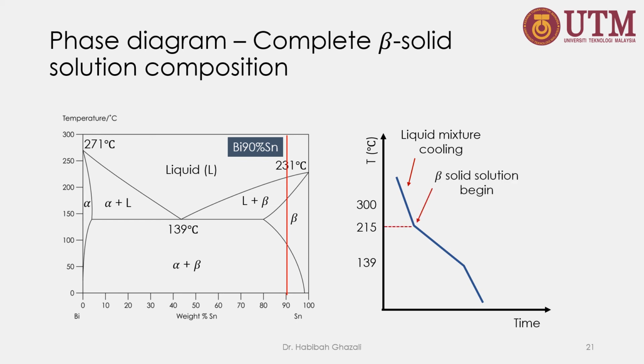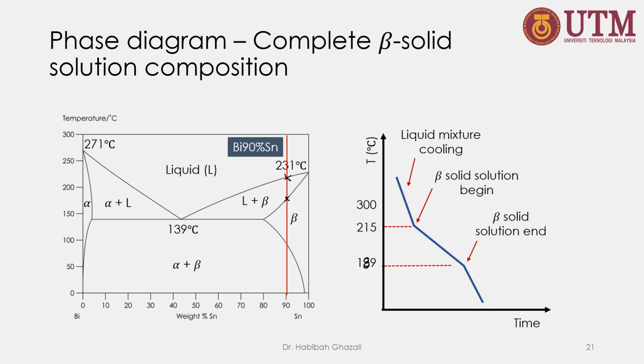As soon as it touches the liquidus line, which is at 215 degrees Celsius, beta solid solution will begin to crystallize. This beta solid solution will grow bigger and bigger, and the solidification of this alloy will end at around 189 degrees Celsius.